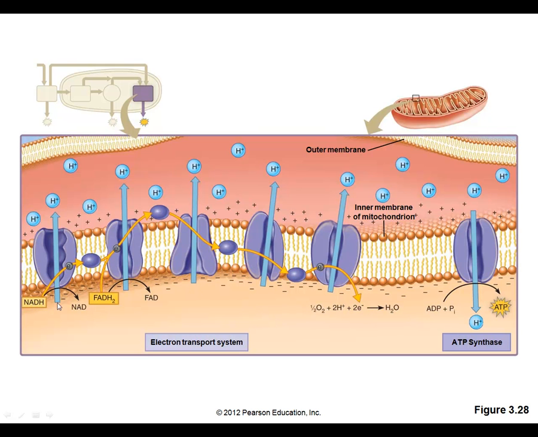From the NADH and the FADH2. Where did the NADH come from? From the glycolysis and from the preparatory step and from the citric acid cycle. Where did the FADH2 come from? From the citric acid cycle. And now that energy is going to be utilized to energize these molecules, and therefore you are pumping the hydrogen ions into the intermembranous space.